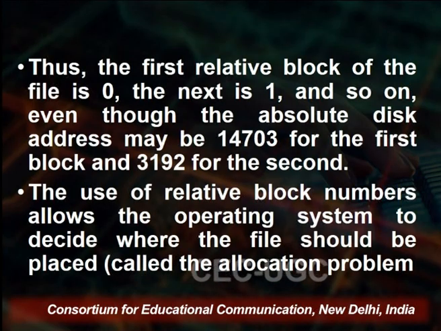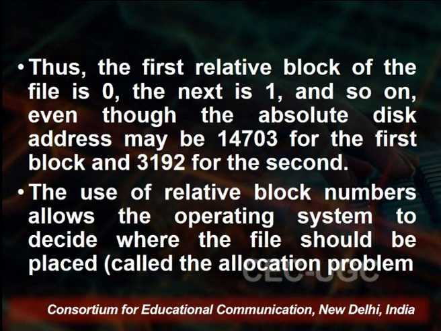Also, the block number provided by the user to the operating system is normally a relative block number, which is an index relative to the beginning of the file. For example, the first relative block number of the file is 0, the next is 1, and so on, even though the absolute disk address may be 14703 for the first block and 3192 for the second.